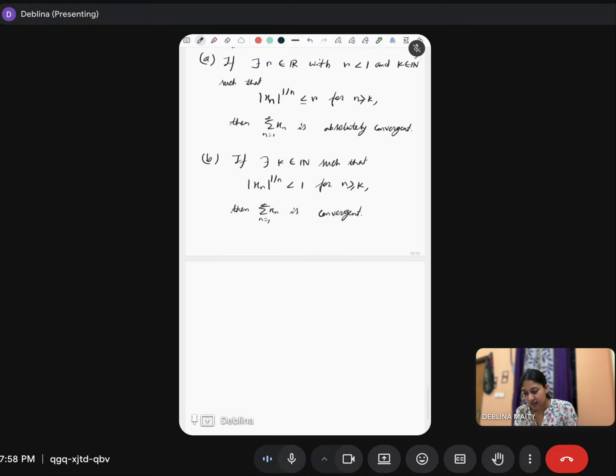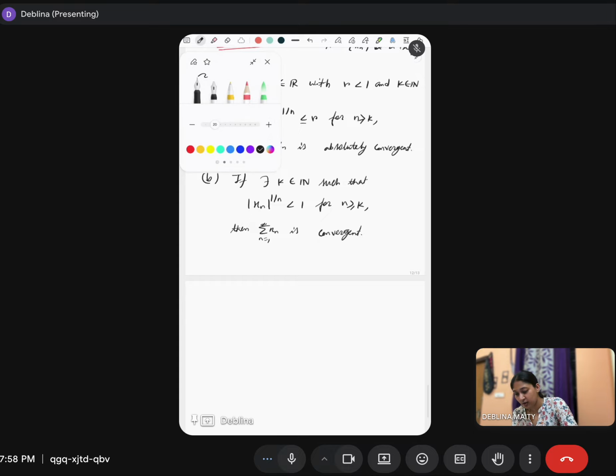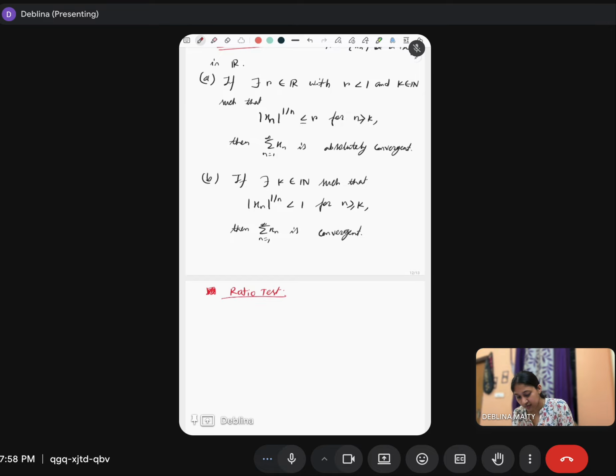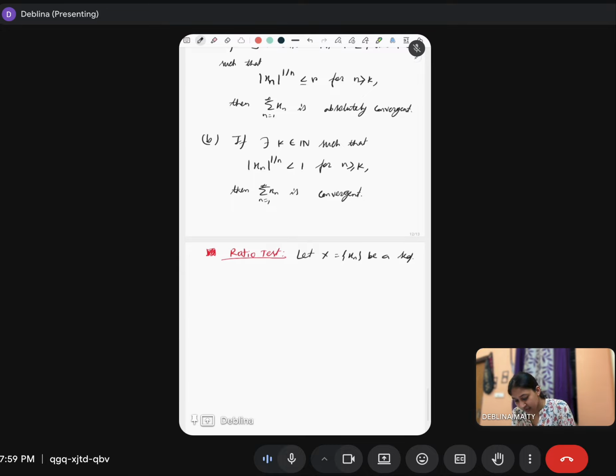And there is another test which is called the ratio test. So what is this test? Again, let X = (xn) be a sequence of non-zero real numbers.